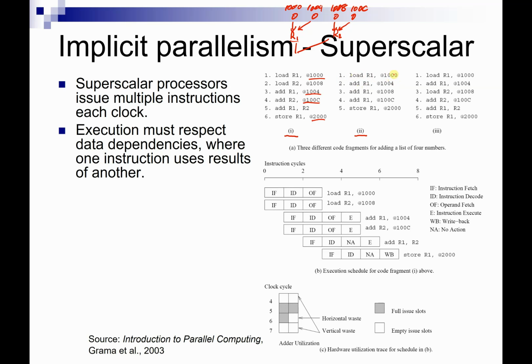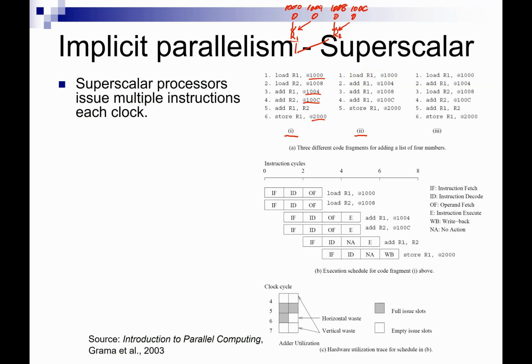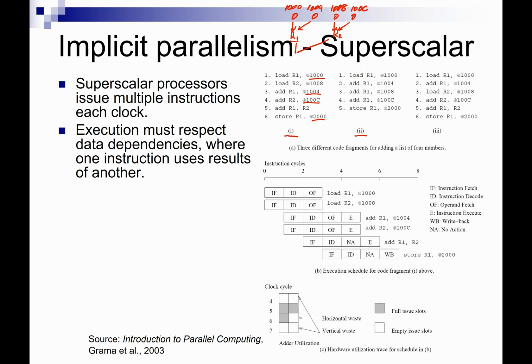So you have to make sure that you first load the value at 1000 into register 1 before you can do the second instruction. And likewise, you have to do the third instruction after the second instruction. You have to add the value at 1004 into R1 before you can add the value from 1008. So here all of the instructions are dependent on each other: 1, 2, 3, 4, 5. You have to do them in that order.